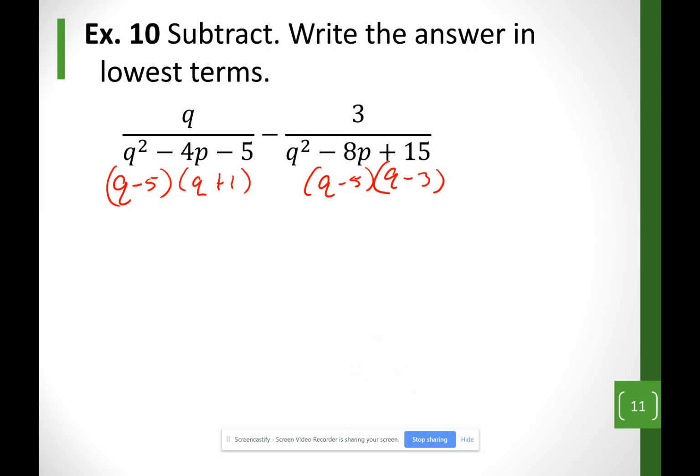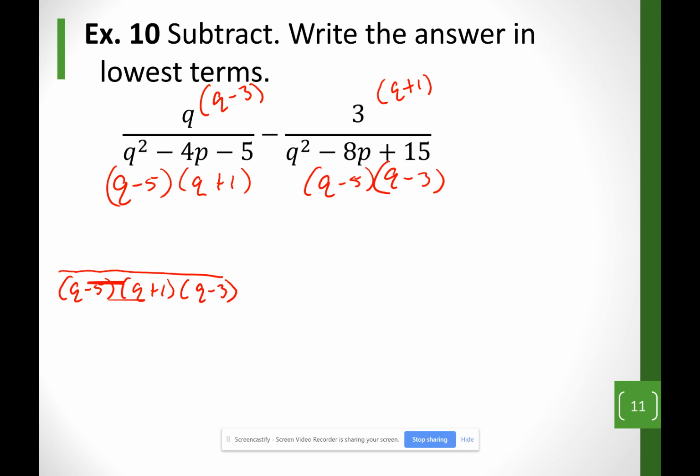Looking at my denominator, my least common denominator will be, my factors would be q minus 5, q plus 1, and q minus 3. Seems like from those three factors on my first fraction, I'm missing the q minus 3. I'm even going to write it over here. On my second fraction, it seems like I'm missing the q plus 1.